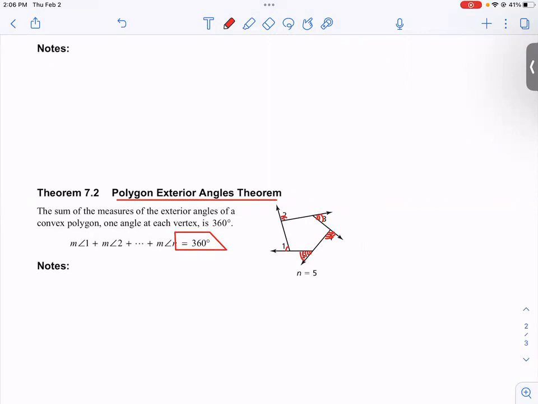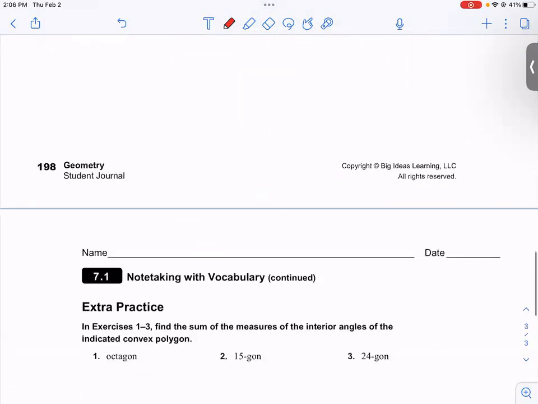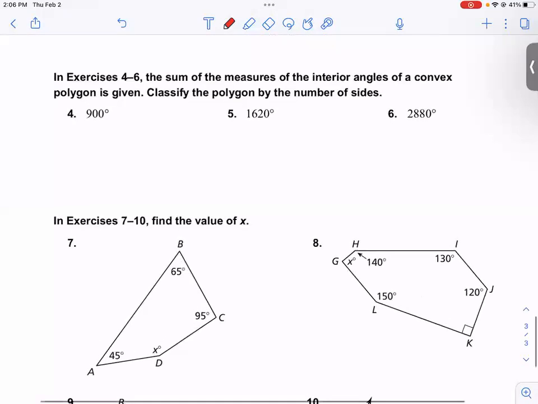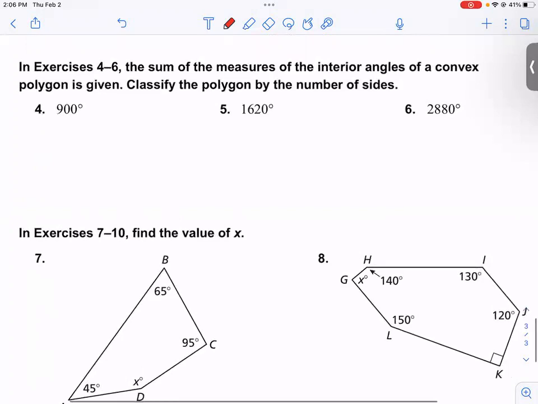So I want to look at page 199. Look at number 4. There's 900 degrees inside of the polygon. I want to know how many sides it has.